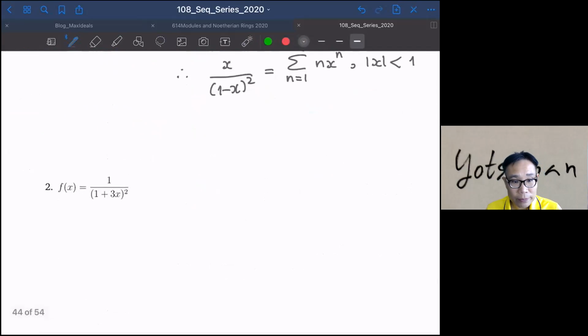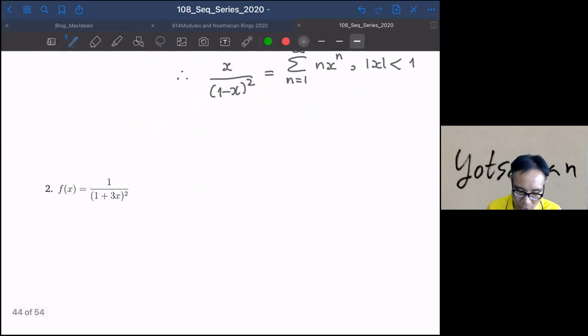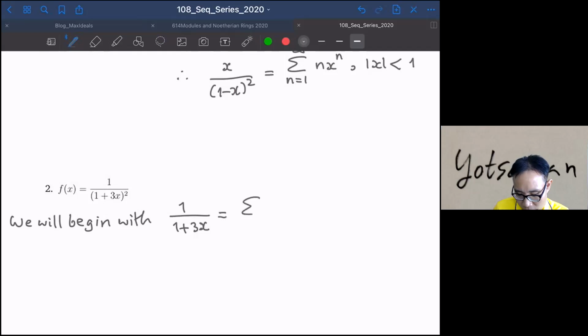The next one I'll let you do on your own, but I will tell you that we will begin with, okay, you see the structure, you should begin with 1 over 1 plus 3x, and you're going to have the series n equal to 0 to infinity of what?